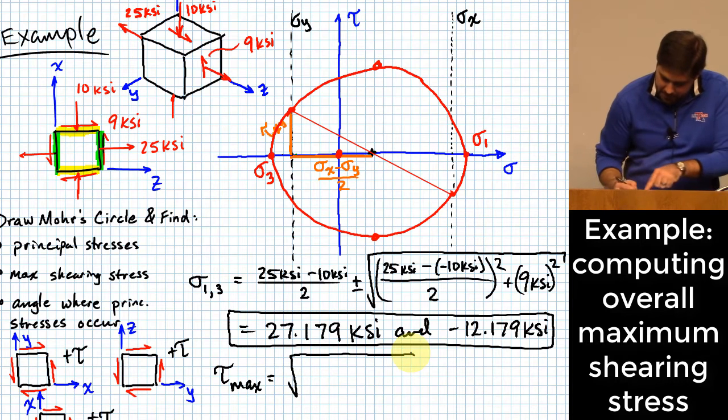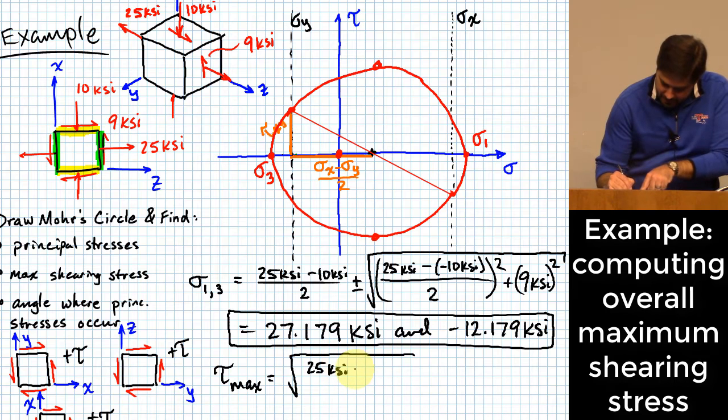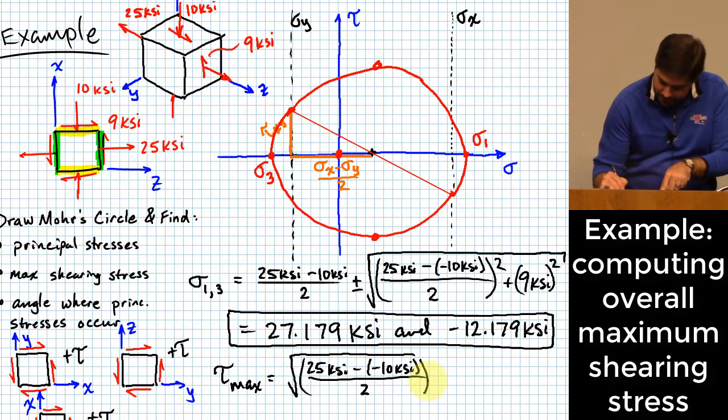And so the radius of the circle is just the square root of 25 KSI minus a minus 10 KSI over 2 squared plus 9 KSI squared.